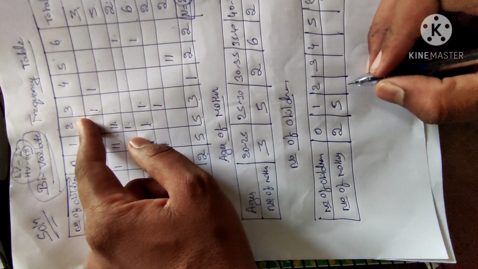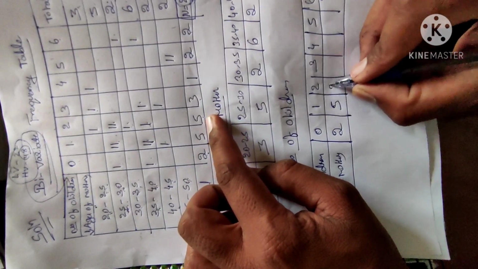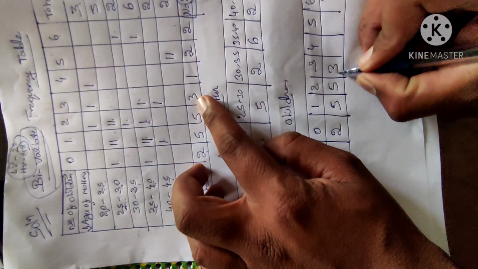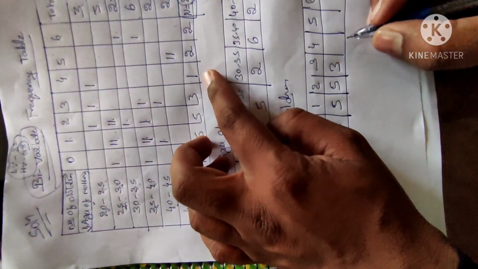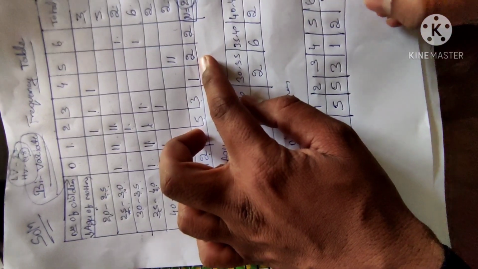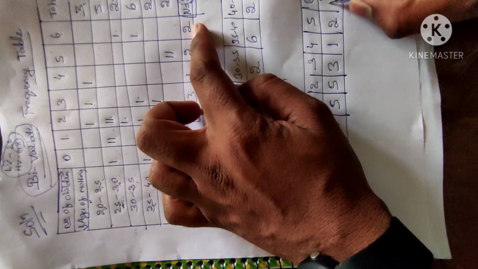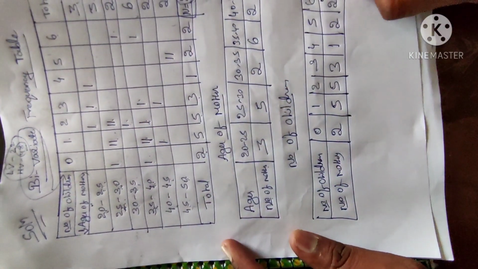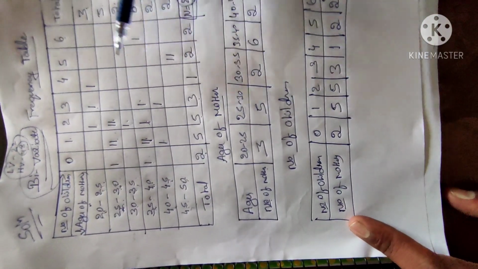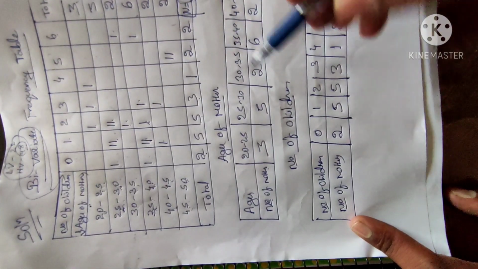Next, coming to the 2 column, the value is 5. Coming to the 3 column, we get the value 3. Coming to the 4th column, we get 1. The 5th one, we get 2. And the 6th one, we get 2. The total is 20.